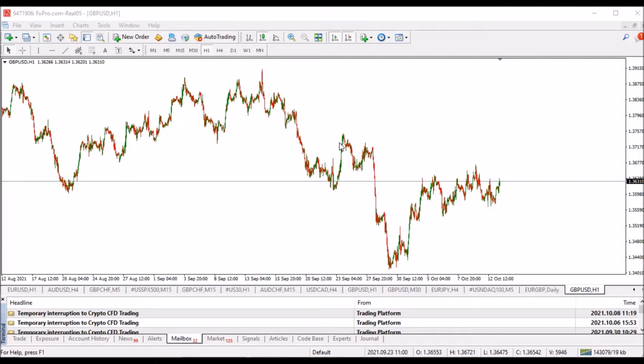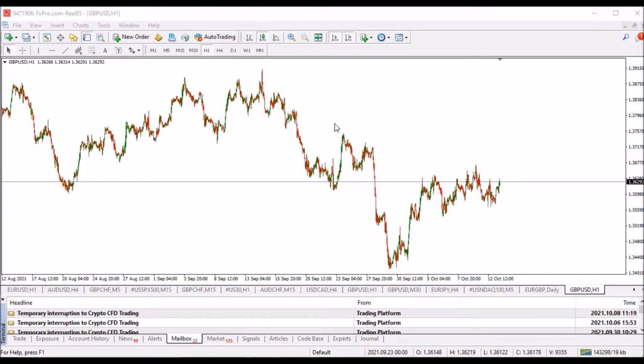It's similar to gold, as I mentioned in the video about gold, because gold is a big commodity, and GBP and USD are big currency economies. Once it goes, it usually goes for quite a long time, so you can catch all those moves when it's going up.